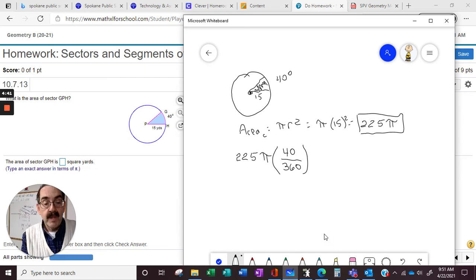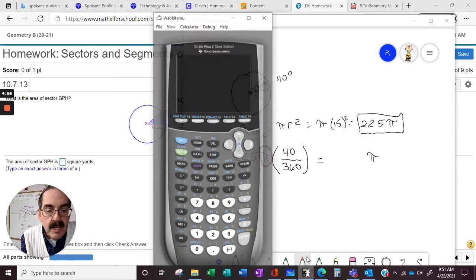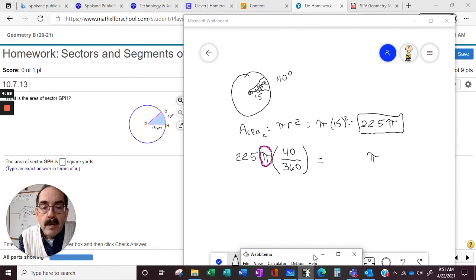Okay, so we're going to grab our calculator here. Now, you see the directions say to leave pi in the answer? So our final answer is going to have a pi, so we're not going to touch that piece.